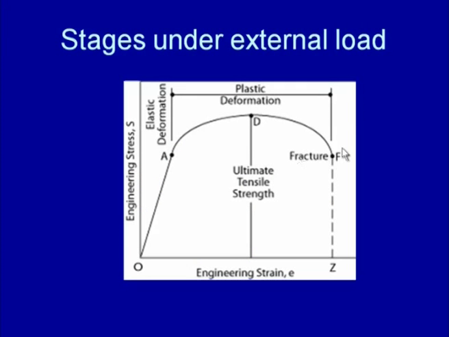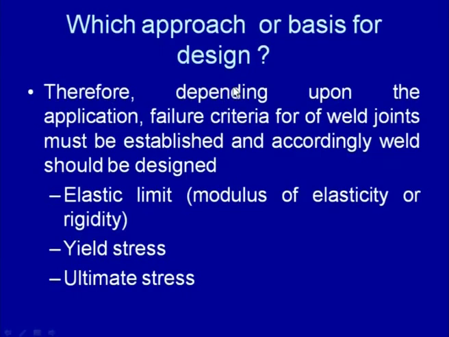So, depending upon the mode of failure, whether the deformation goes beyond the acceptable limits, or the plastic deformation goes beyond the acceptable limits, or complete fracture of the component takes place, we need to use different criteria or approaches for designing a weld joint. Therefore, depending upon the application, failure criteria for the weld joint must be established, and accordingly the weld joint should be designed.